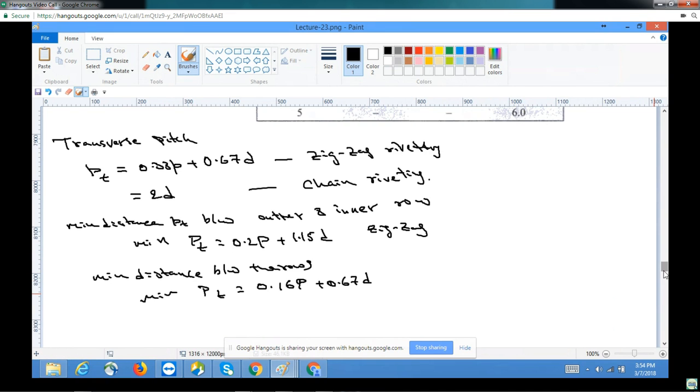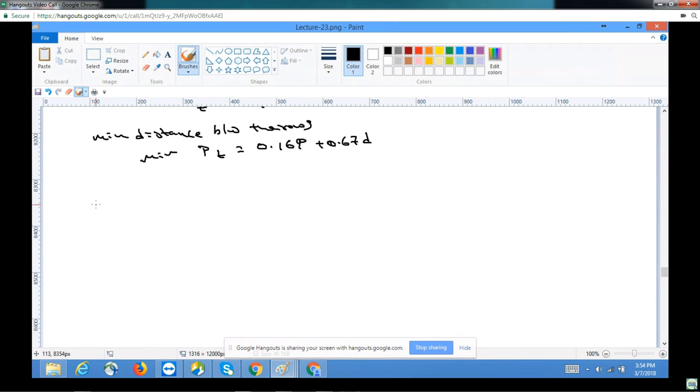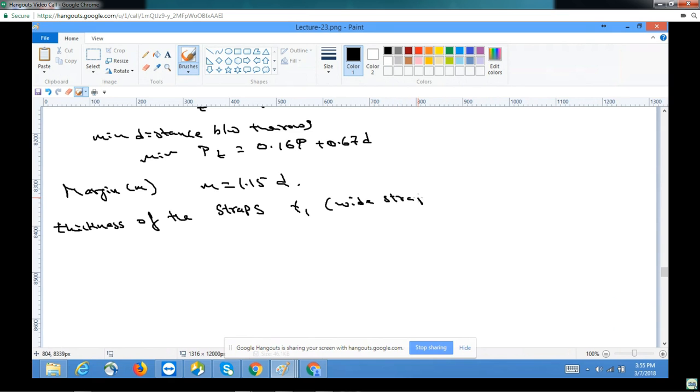And at the margin between the end of the plate and the first row, margin M is given as 1.15 D, and the thickness of the straps, the T1, which is the wide strap that is inside, T1 is minimum of 0.75 times T, and for a narrow strap.